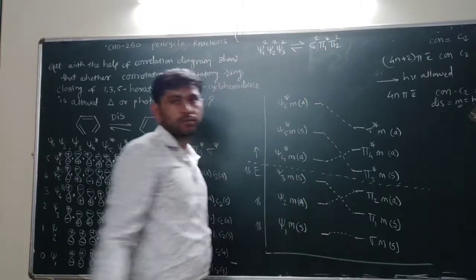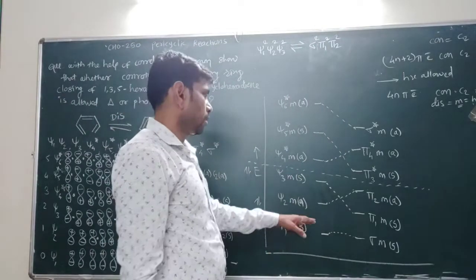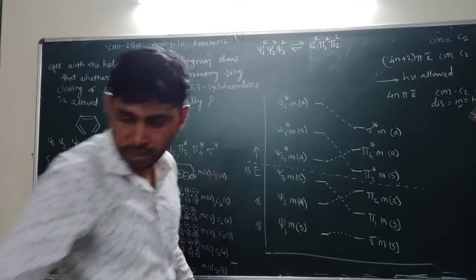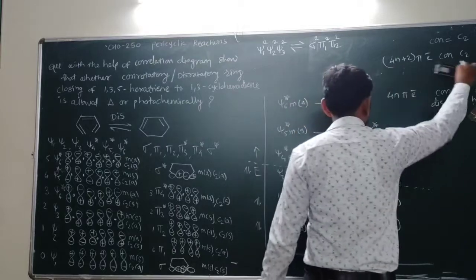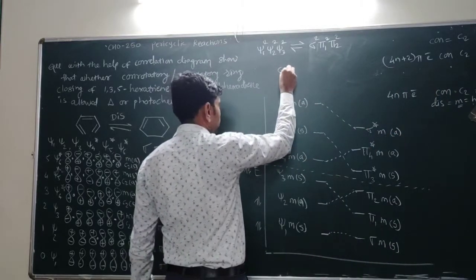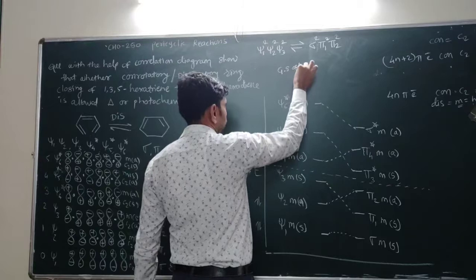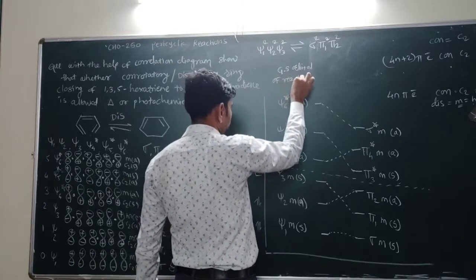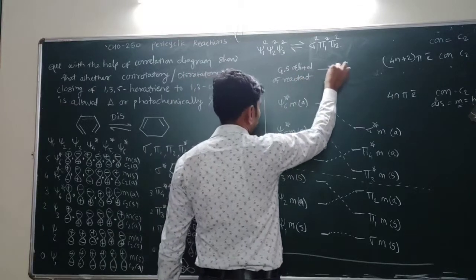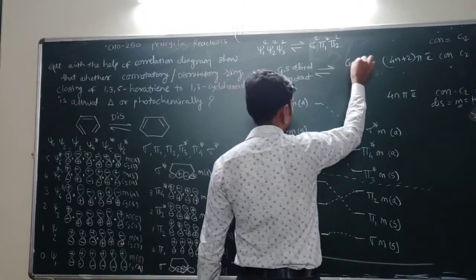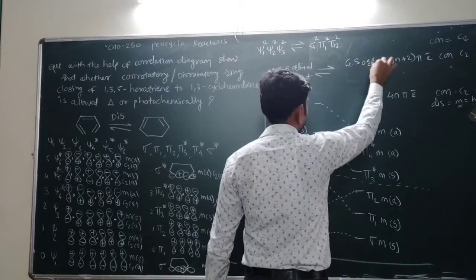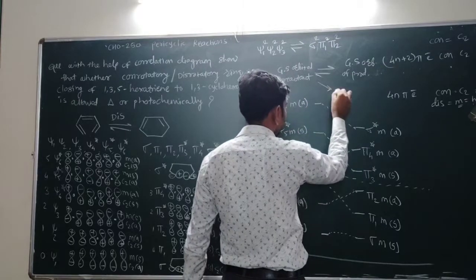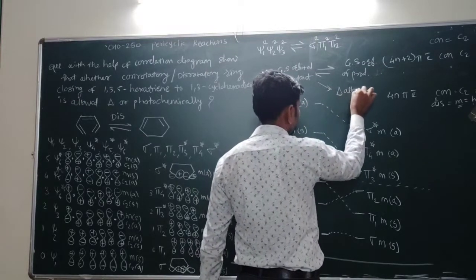So this is the simple correlation we have for a thermally activated reaction. By observation we can say that ground state orbital of reactant is correlated with ground state orbital of product. Hence this reaction is thermally allowed.